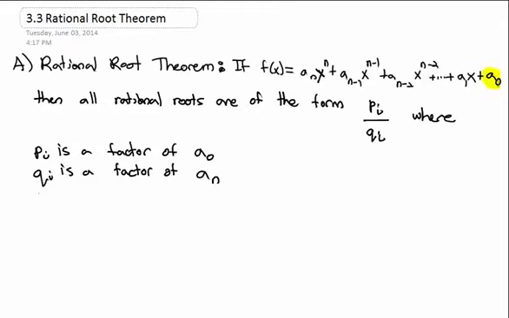In other words, all the factors of the last term should be considered for the numerator, and the factors of the first term, the coefficient at least, should be considered for the denominator.